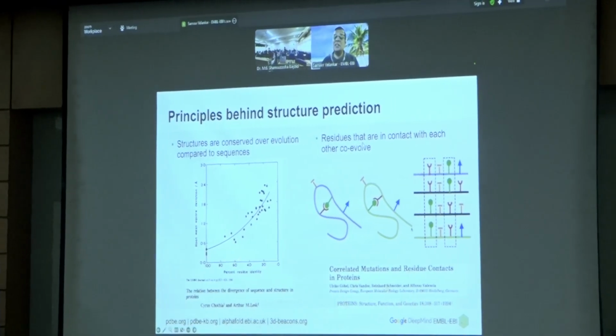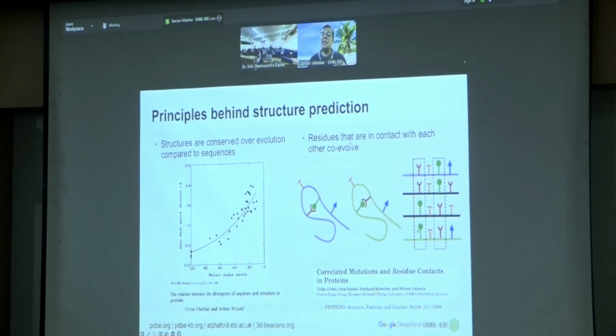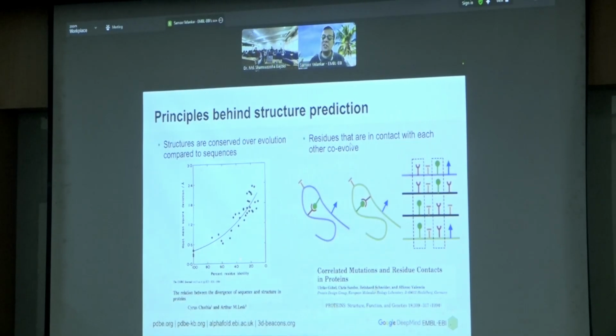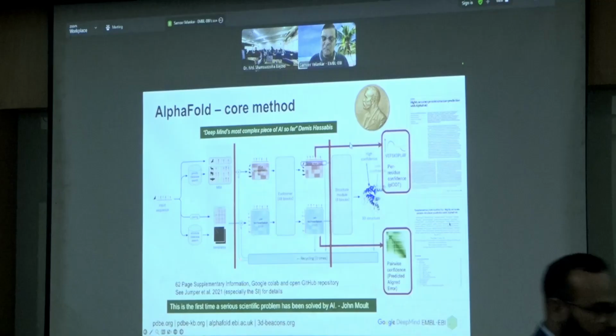And so this is the co-evolution principle: if you have to keep the structure, then there needs to be compensatory mutations happening when something changes in sequence. So these are the two principles that are used, and then we have AlphaFold.